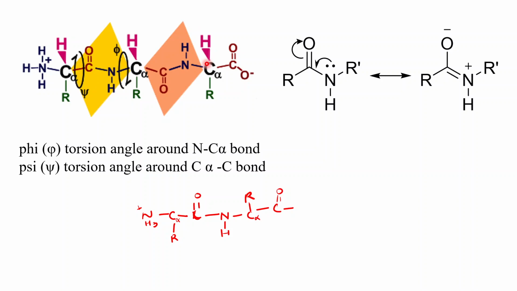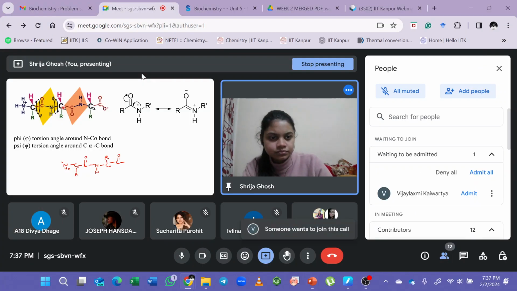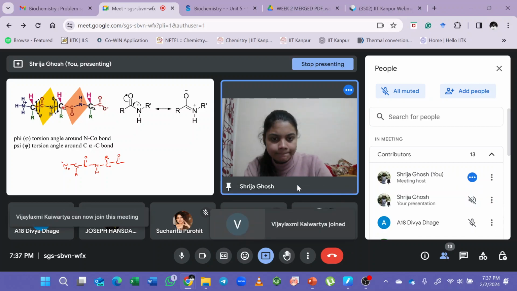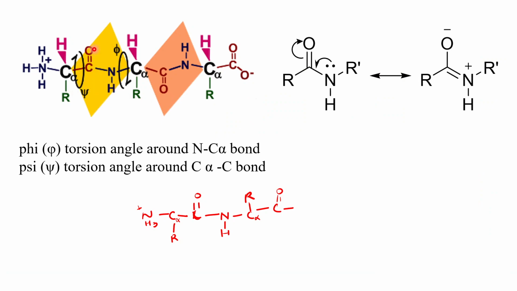Now if you see the angle that is marked as psi, and the angle that is marked as phi, they are not angles between two atoms, but angles between two planes of atoms.